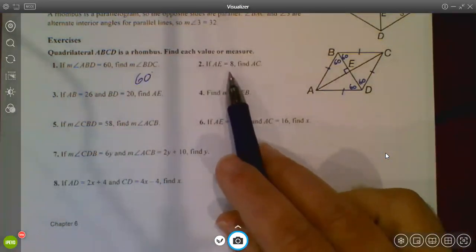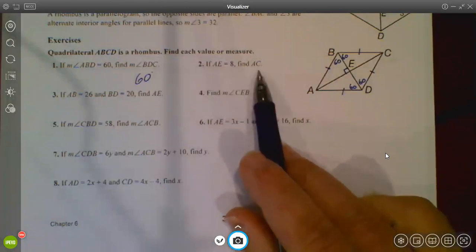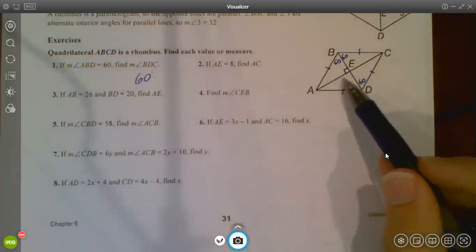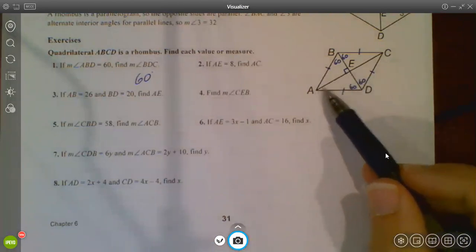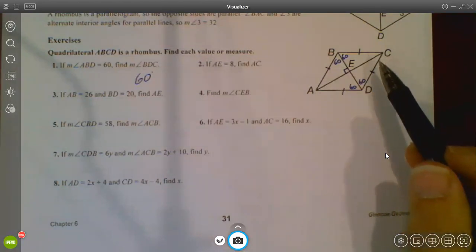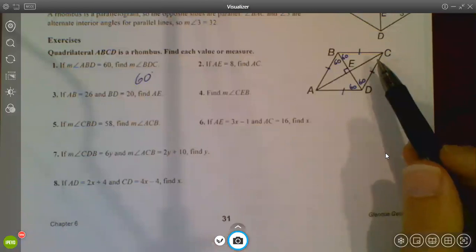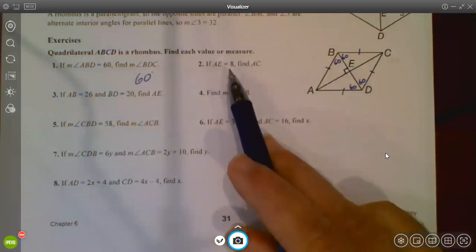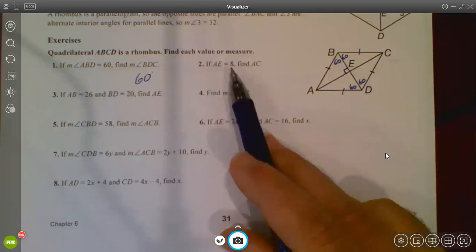If AE was 8, what would that make AC? Guys, what's tricky about some of these is they're expecting you to remember a whole lot of properties. Because remember, this is also a parallelogram. And so number 2 actually goes back to what we learned last week about all parallelograms, and that's that diagonals bisect each other.